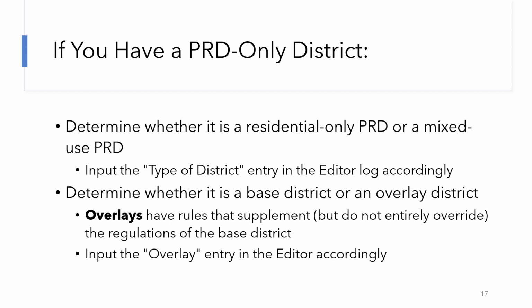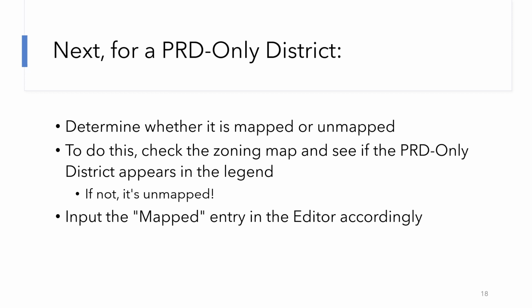If it overwrites all of the rules that had previously been there when it is mapped, then it is not an overlay district, and you would enter the overlay entry accordingly. For the PRD district, you're going to want to determine whether it's mapped or unmapped. The only way to do this is to look at the map and see if you can see it on there. If it's not, it's unmapped, and you put the mapped entry into the editor accordingly.